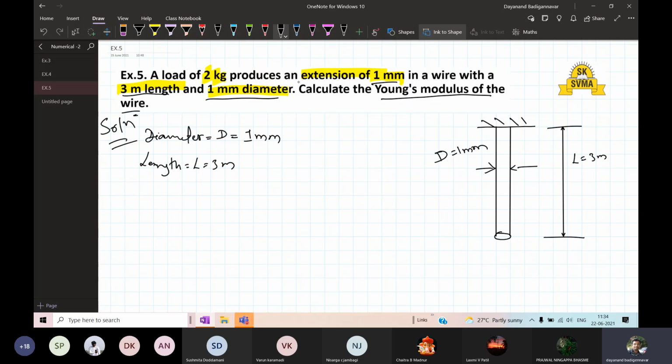A load of 2 kg produces an extension of 1 mm in a wire with a 3 meter length and 1 mm diameter. Correct? Extension is produced. When you apply the 2 kg mass, it gets elongated.